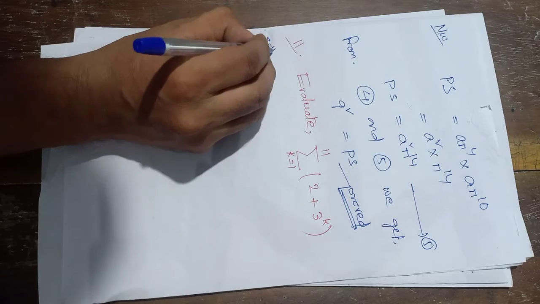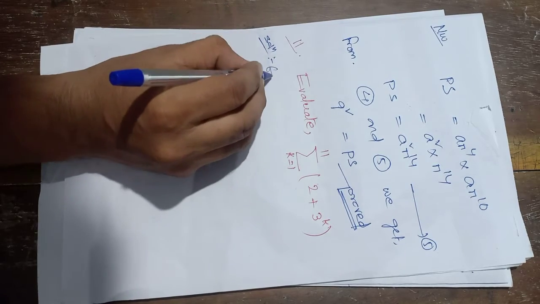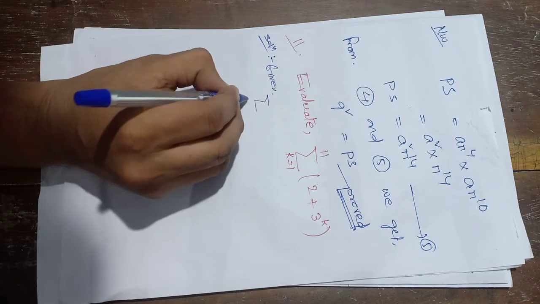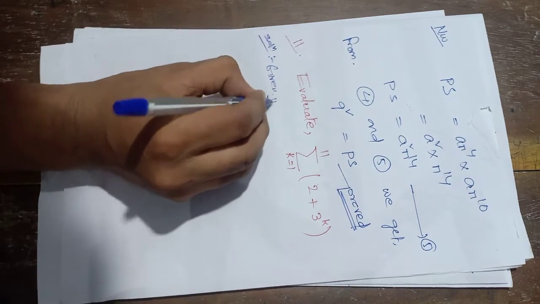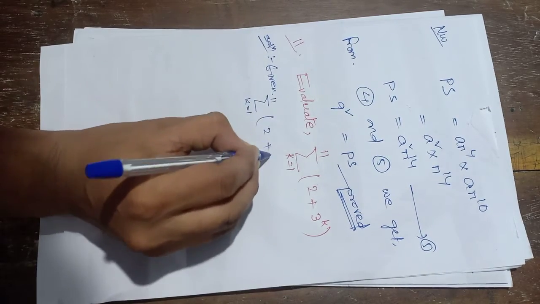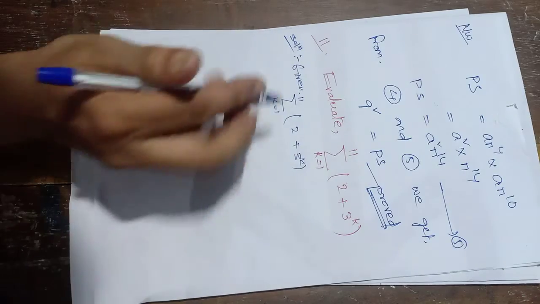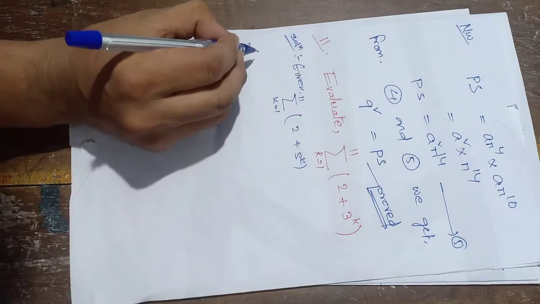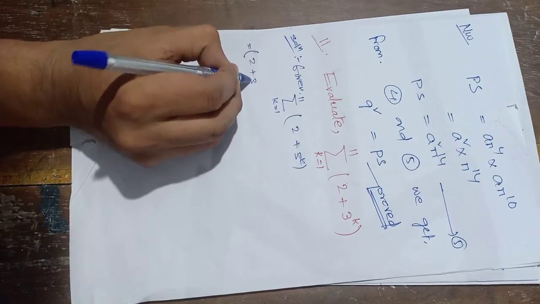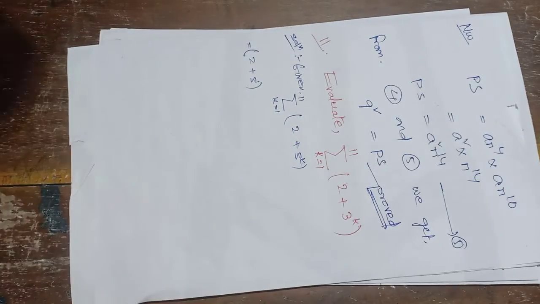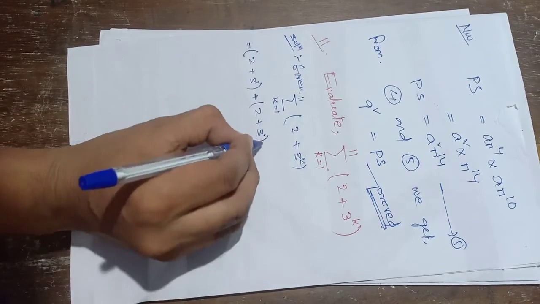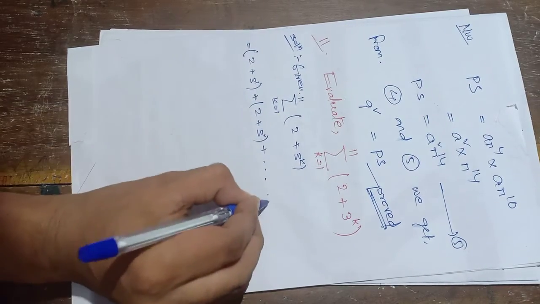The solution: the given sum is summation k equal to 1 to 11, 2 plus 3 to the power k. Let us expand this, right? The first term is 2 plus 3 to the power 1, plus 2 plus 3 square, plus dot dot dot.